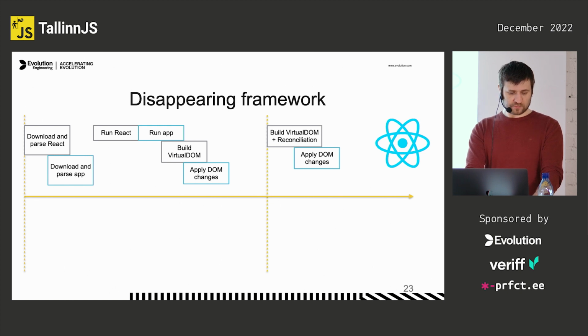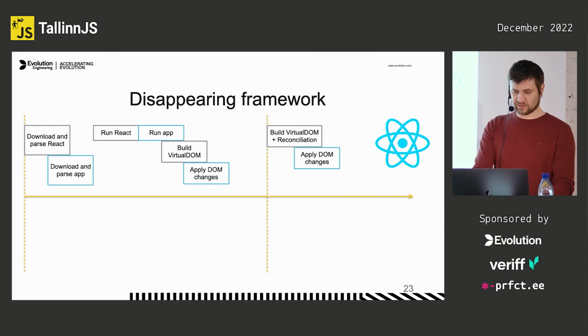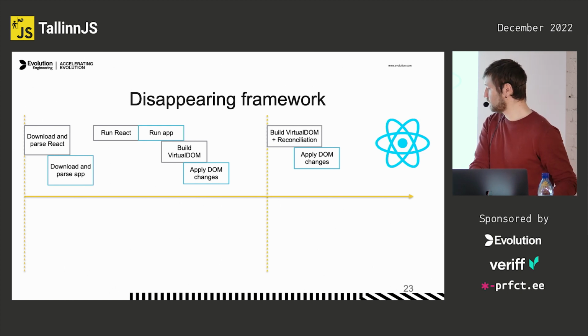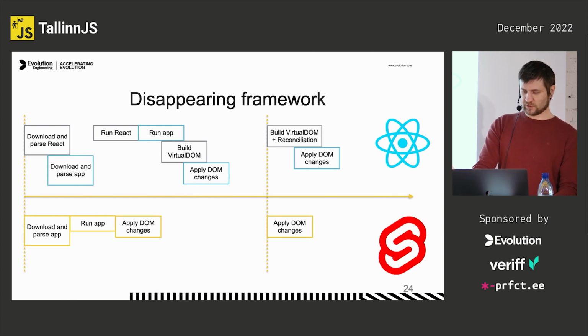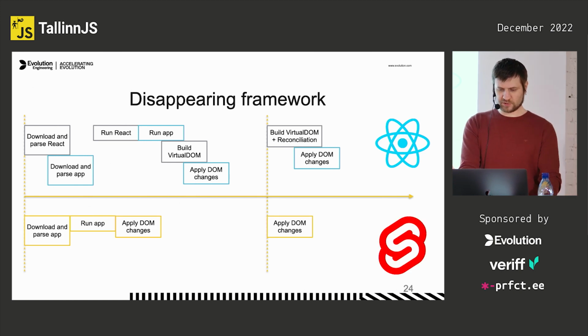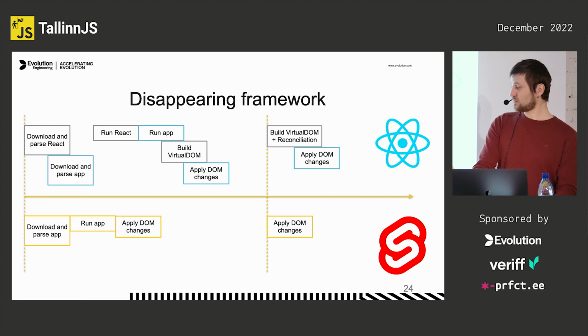And on changes, we will have a new VirtualDOM and the reconciliation algorithm will work, and only after this will we have real DOM changes. But it works a little bit shorter in Svelte and takes much less time, and that's cool because we don't have a VirtualDOM and we don't have a reconciliation algorithm.